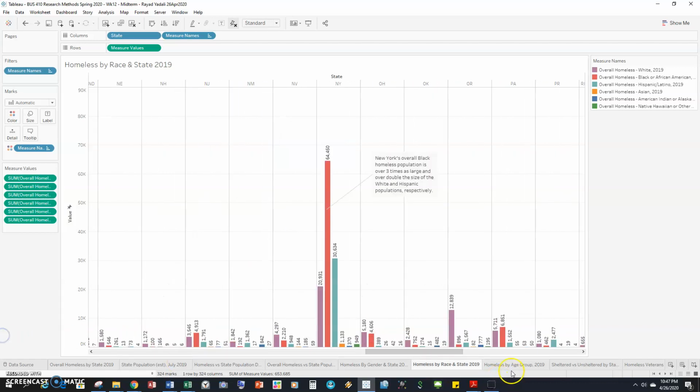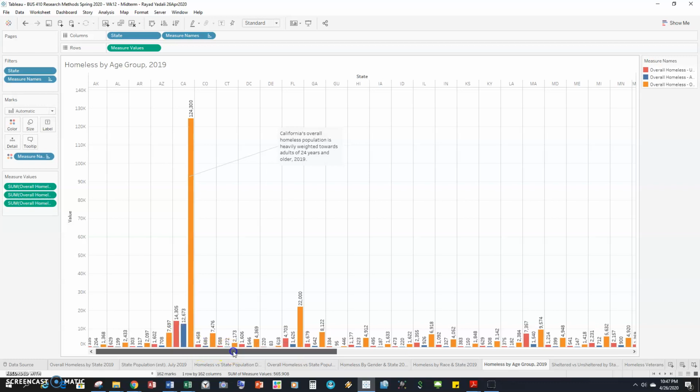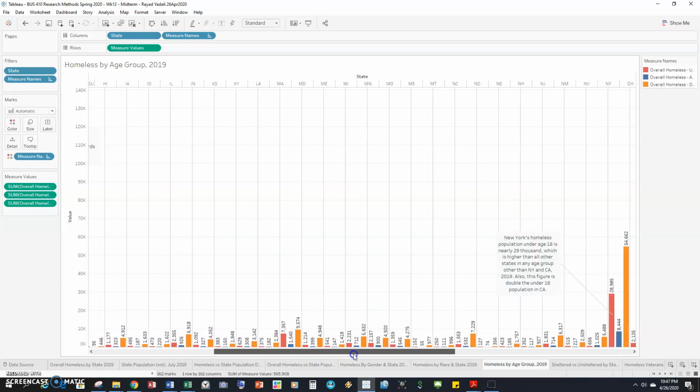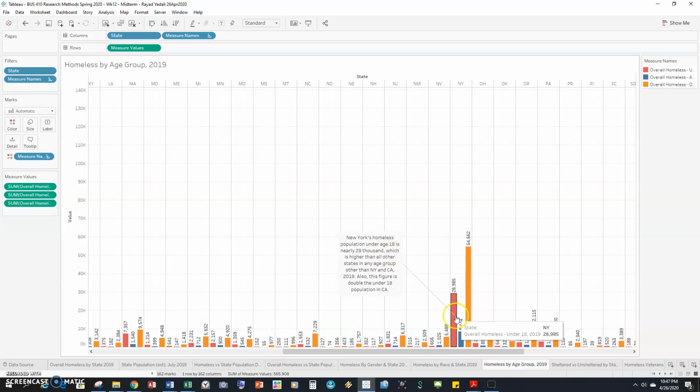And if you move on to homeless by group, you'll notice that by age group, predominantly in California that's anyone aged over 24 years compared to under 18 and the 18 to 24 group. So that's one. If you move down the line, and look at the main states with high population, in New York by itself, you will notice something.